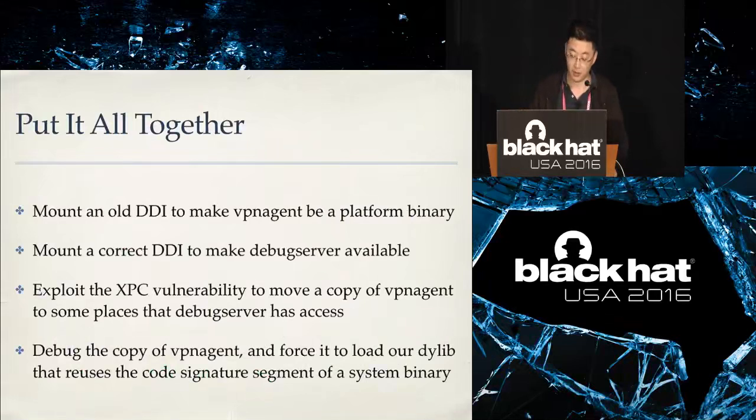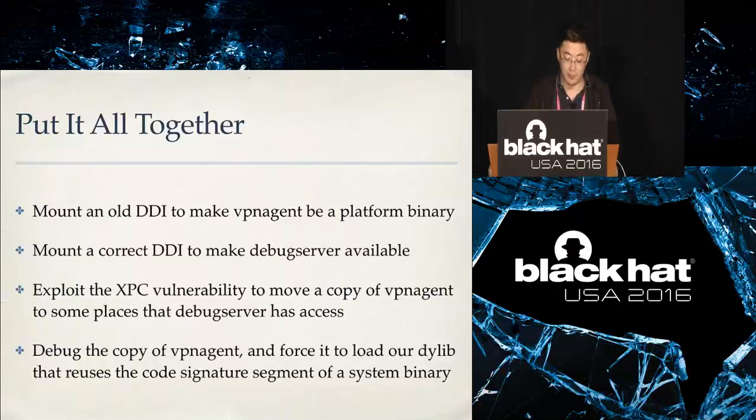So put it all together, what we did is we first mount an old DDI so that we can make VPN agent a platform binary. And we also mount a correct DDI so that debug server is available on the iOS device. And we use the XPC vulnerability to move the VPN agent to some place where debug server has access.